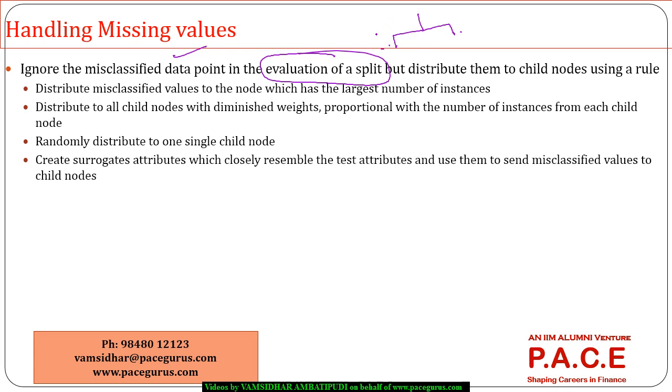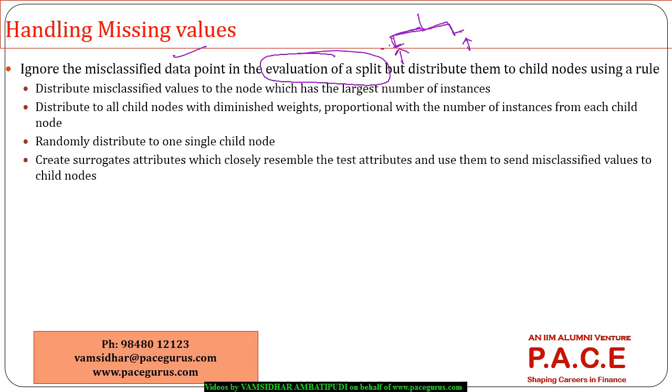So if a particular value is missing, that point will not be considered for evaluation of the split. But once the splitting is done, that particular observation is assigned to either this class or this class.